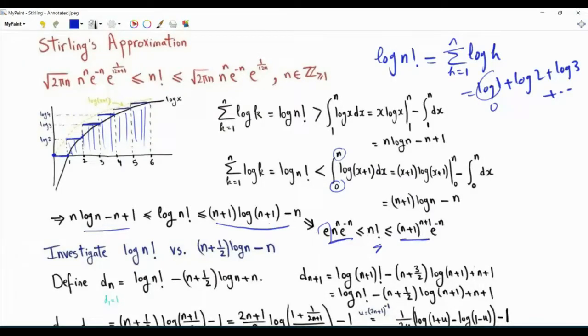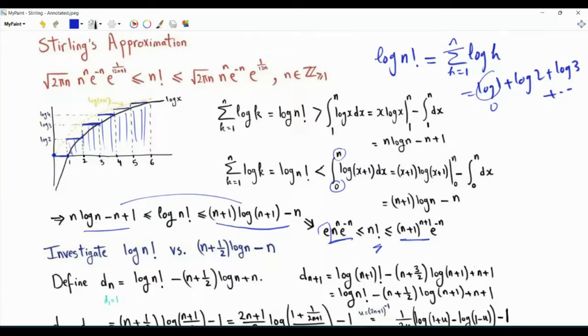So these bounds can inspire us to construct tighter bounds. And the idea here is to investigate the logarithm of the factorial versus something which can be thought of as an average of the lower and upper bound.